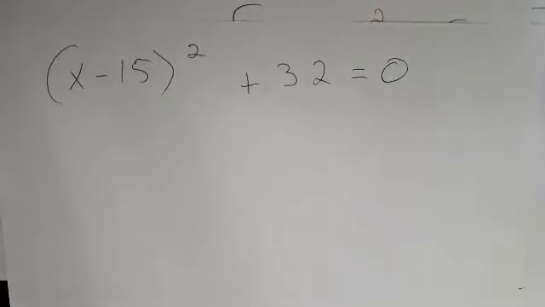All right. So if I want to do the square root property, what are the steps? What should I do on this thing? Do you square root both x minus 15 and 32? Take the square root of both what? I feel like we're supposed to do it because it's squared.